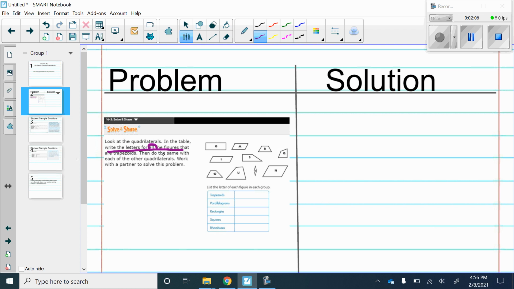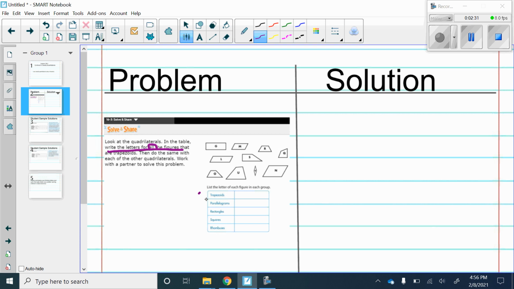Next would be evaluate and visualize. As I go through each quadrilateral, I need to decide and know their attributes and what identifies them as each quadrilateral. And now I need to solve. First of all, I want to look at the trapezoids.